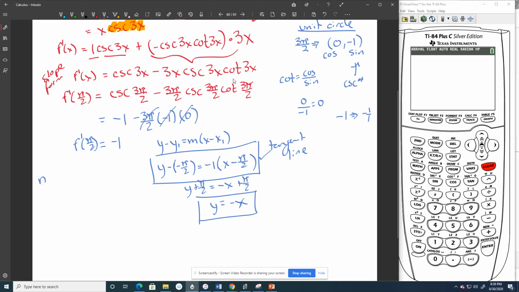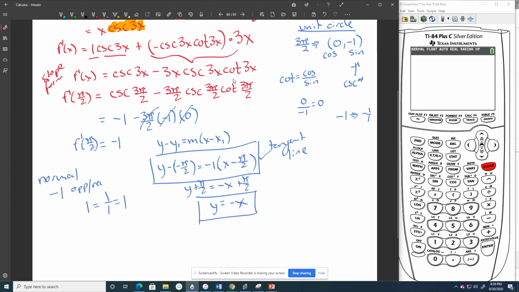Now my normal line, remember I take my slope at that point, and I need to take the opposite reciprocal. So the opposite of -1, excuse me, is 1. And when I flip that over, it becomes 1 over 1, which is just 1.